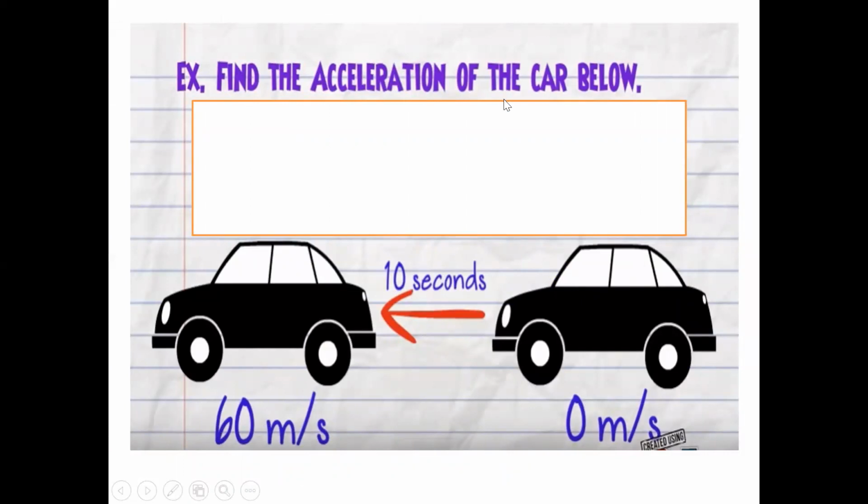Find the acceleration of the car below. The car is moving from the initial velocity or speed 0 meters per second, and the final speed is 60 meters per second, and it takes 10 seconds to change this speed.